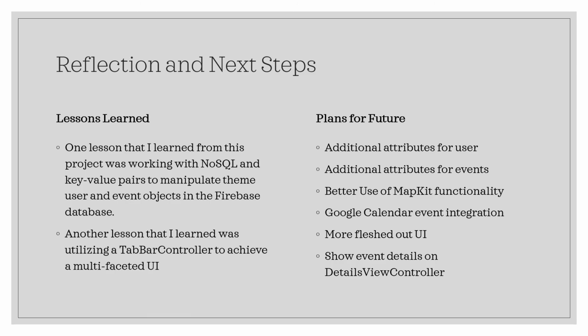I would like to have Google Calendar event integration so that when a user creates an event, it actually creates a calendar event and it invites the coach to said calendar event for better coordination between the students and the coach. More fleshed out UI, and obviously the immediate one was to show the event details on the detail page for the events.